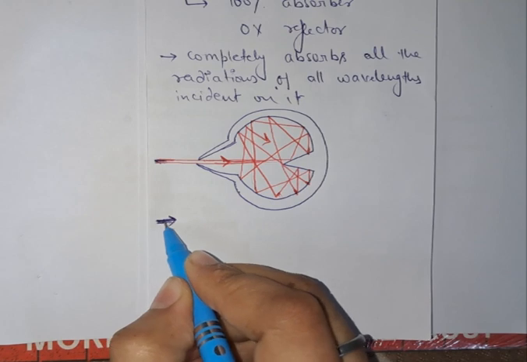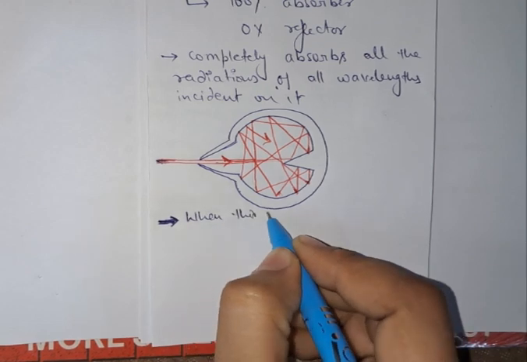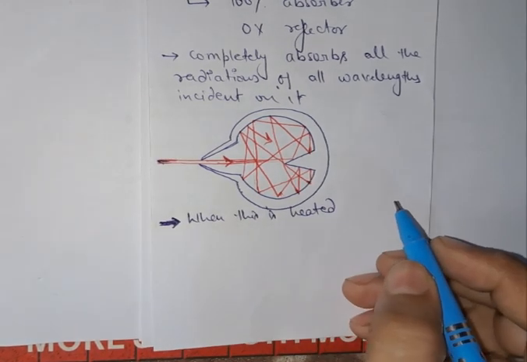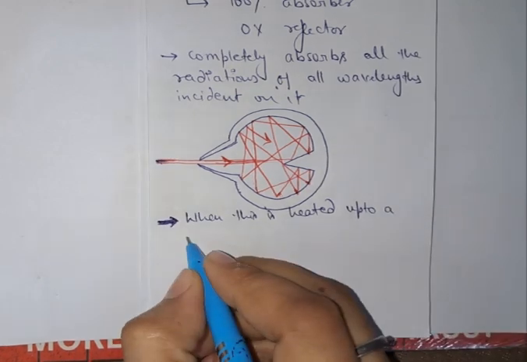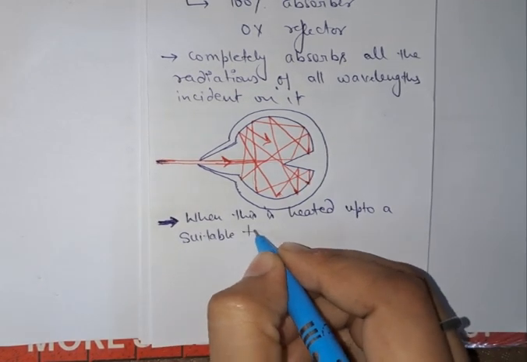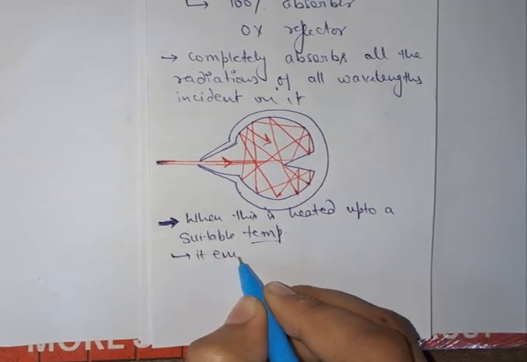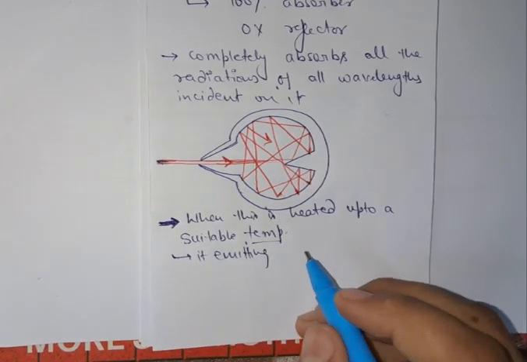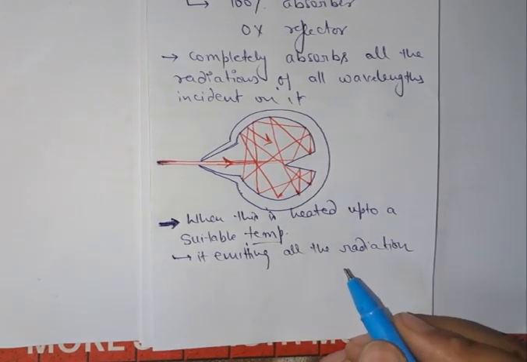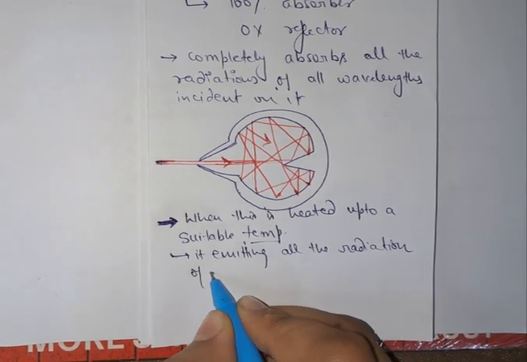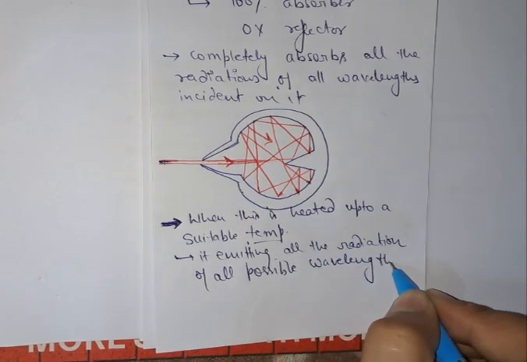But at a certain condition or temperature, when this is heated up to a suitable temperature, it starts emitting all the radiations, of all possible wavelengths.